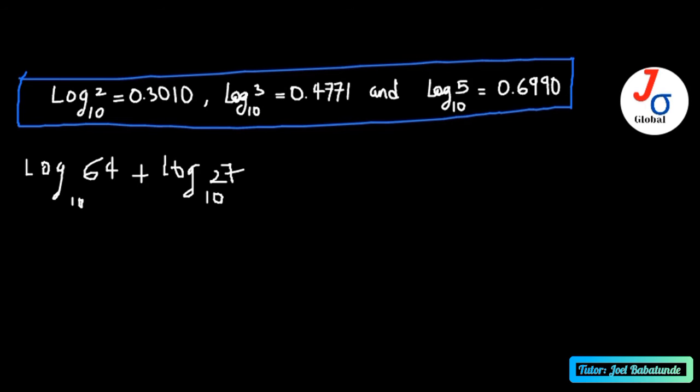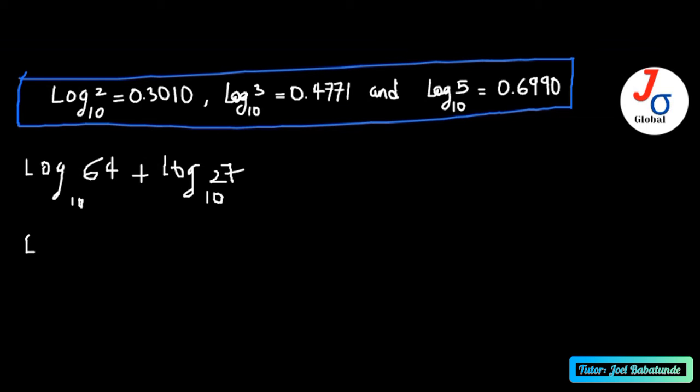All right, looking at this example, log 64 base 10 plus log 27 base 10. How do we evaluate this given all of these values? Okay, I know that I can write this in terms of 2s, 3s, and 5s. I know that 2 raised to the power of 6 would give me 64.